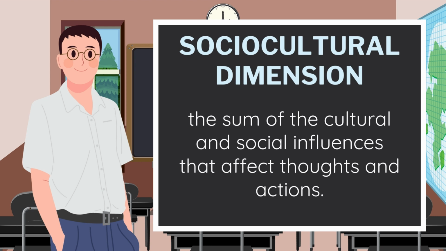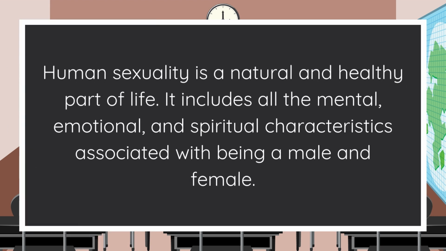Also, religious and spiritual beliefs, multicultural factors, and ethics also influence your sexuality. So, these three dimensions, the biological, psychological, and sociocultural, are integrated factors that influence one's decisions or way of thinking relating to sexuality.